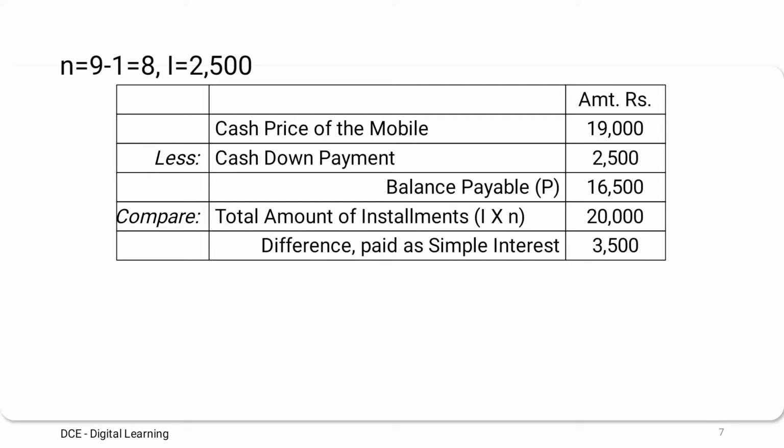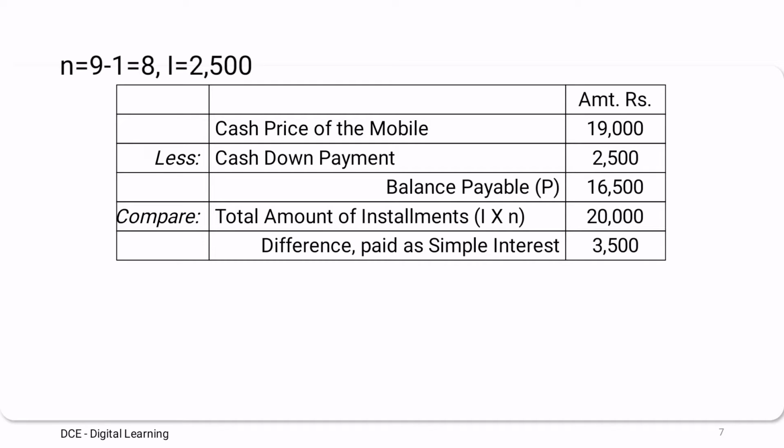From this 19,000, deduct the cash down payment or initial deposit of rupees 2,500. The balance payable, represented by P, is rupees 16,500. Now with this 16,500, compare the total amount of installments. Total amount of installments means the amount of installment, which is rupees 2,500, and the number of monthly installments after the date of purchase, 8.